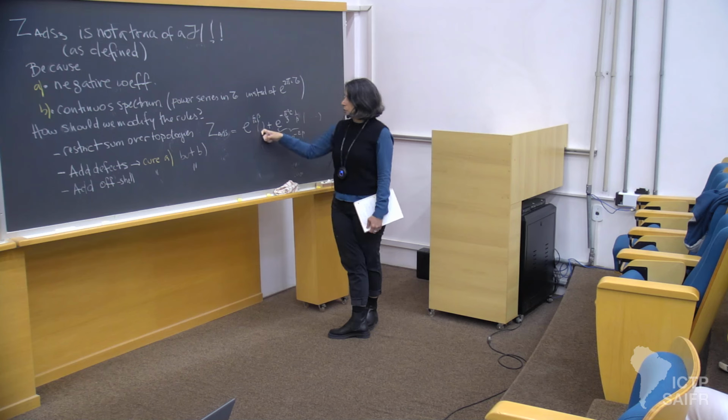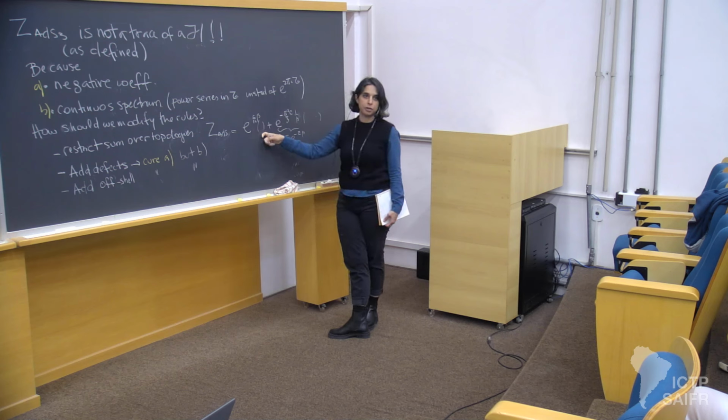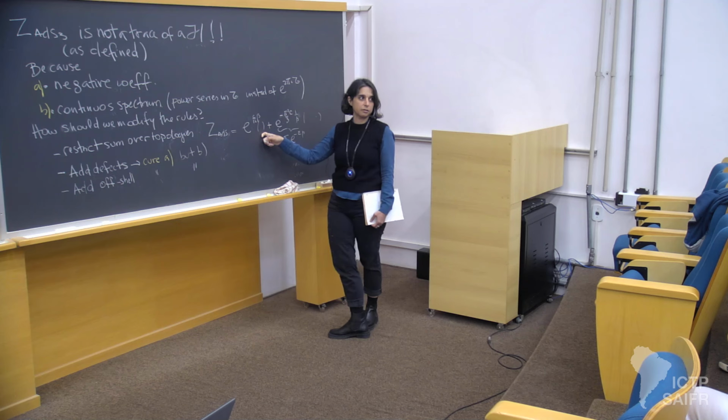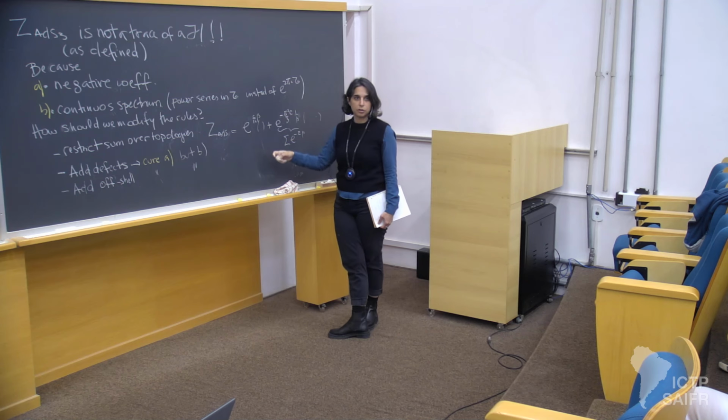Now, since some of you already know about AdS₃, this is not the Hilbert space of a conformal field theory. It will just be the Hilbert space of descendants of the vacuum. So it's not a CFT. It's only part of a CFT.